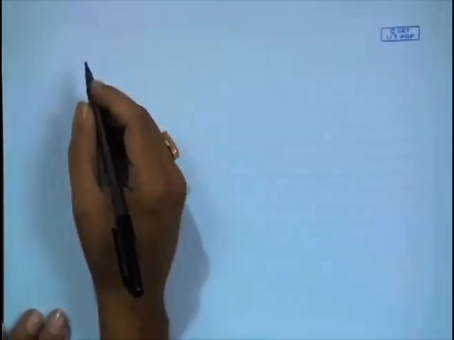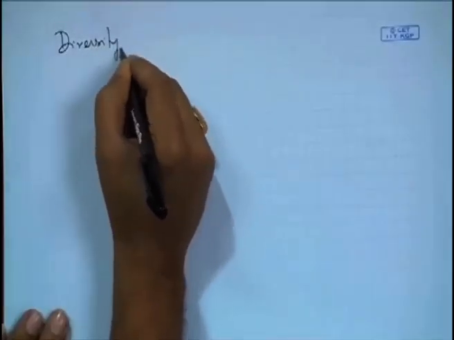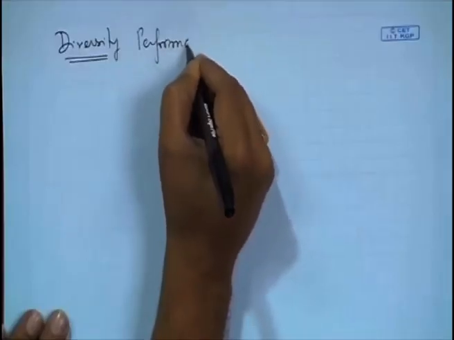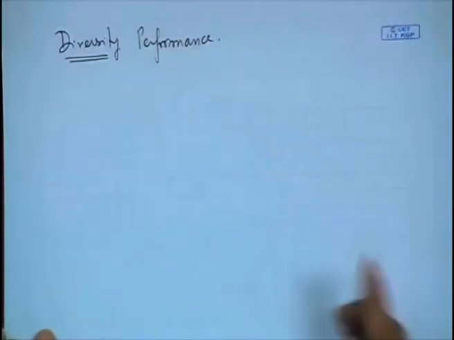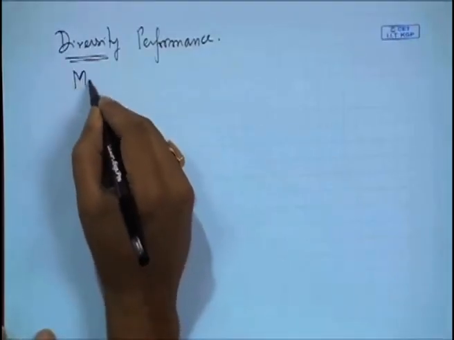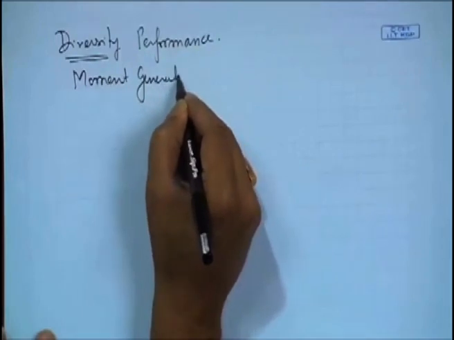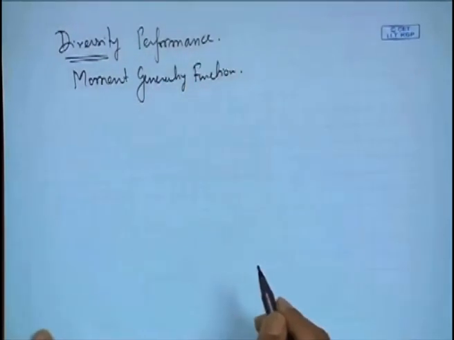And the quantity of interest to calculate the diversity function, when you are calculating the diversity performance of MIMO communication systems, we would be using the moment generating function. This is quite useful, especially when you are calculating the BER.